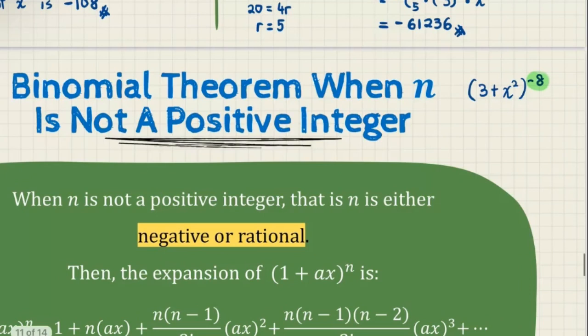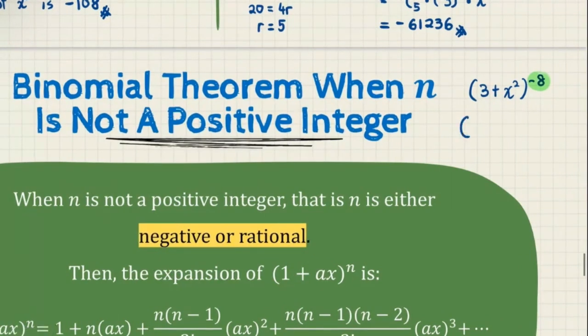Okay. So apa lagi contoh? Contoh saya boleh gunakan (2 tolak 1 per x) kuasa 1 per 9. So kalau kita ada ini fraction, fraction rational kan? So kita akan gunakan this formula jugalah. So tak kisahlah kat depan ada ni 2 ke, 3 ke, 1 ke. Tak ada masalah, kita still akan gunakan this formula.